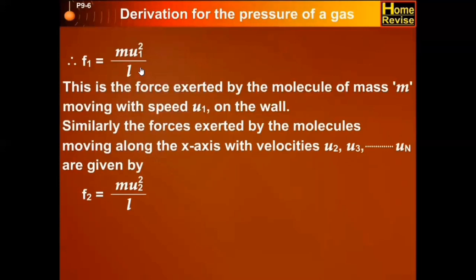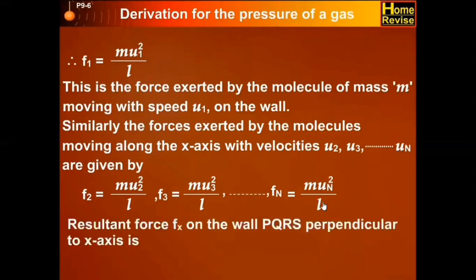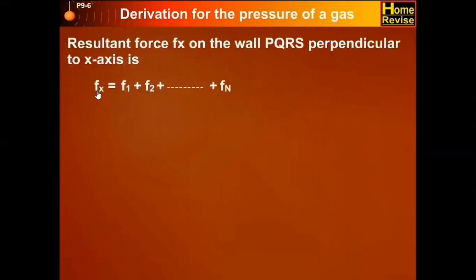In the same way, F2 is equal to mu2 squared by L, F3 is equal to mu3 squared by L, up to Fn is equal to mun squared by L in the x direction. You understand? Note that u1, u2 up to un refer to the x direction. So the total force in the x direction, Fx, is equal to F1 plus F2 up to Fn.